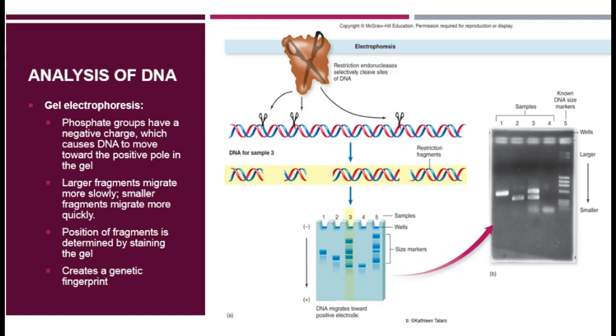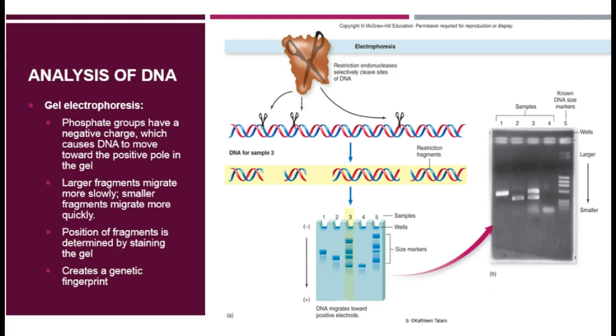So generally, a fluorescent dye is added to the DNA so that we can then look at those gels and determine which fragments based on their size. So this helps us to create sort of a genetic fingerprint.